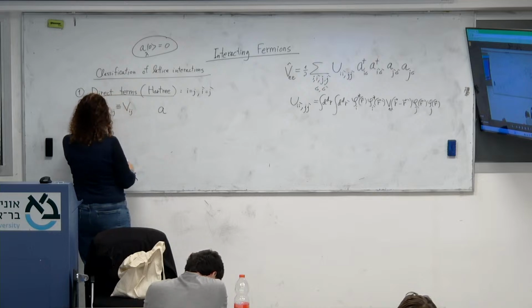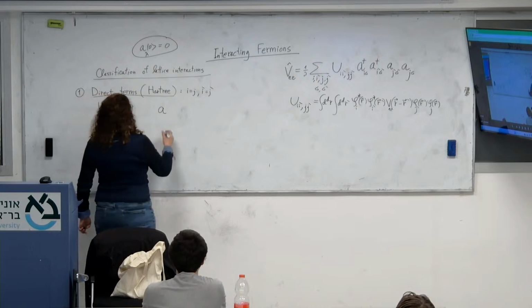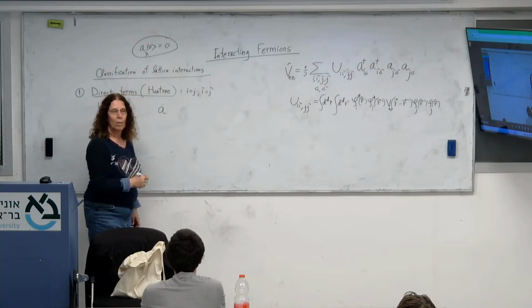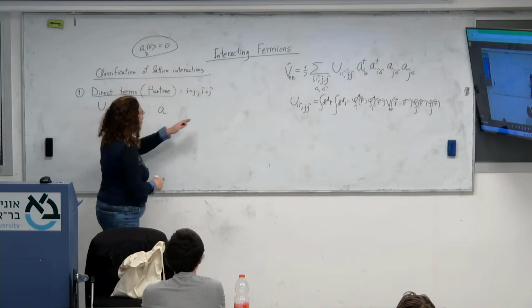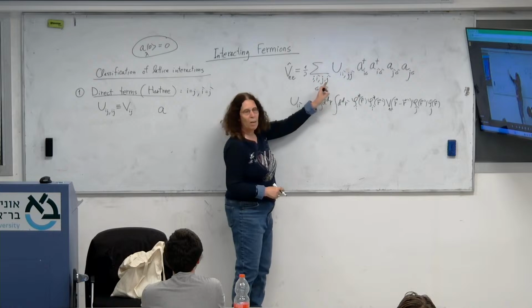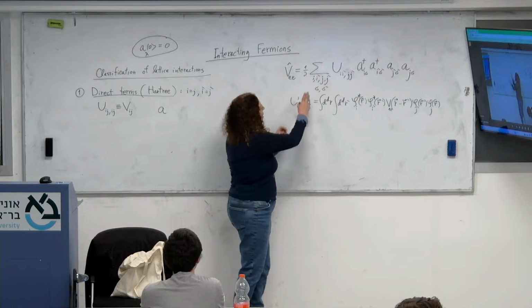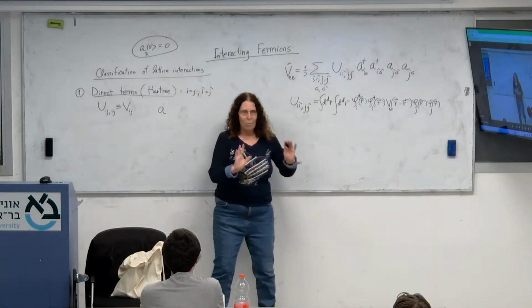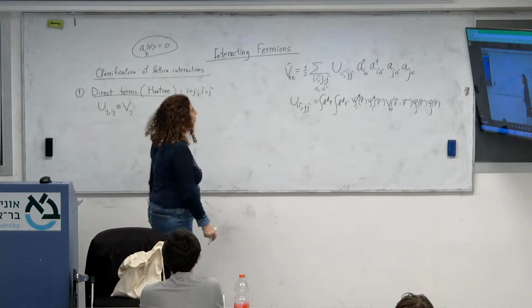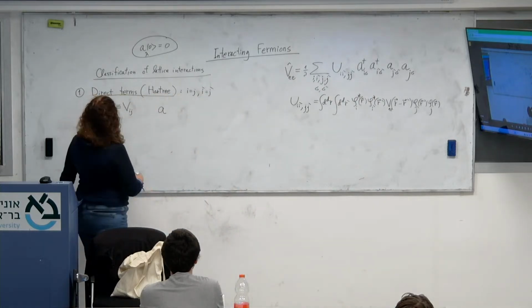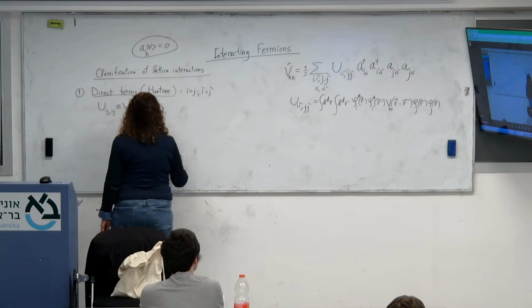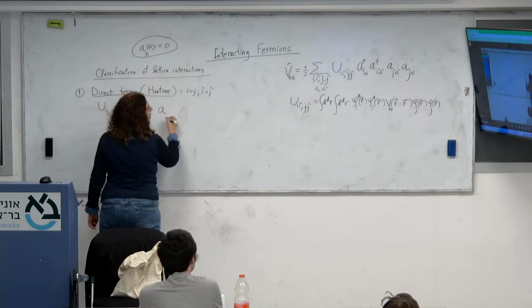So it's ij. Isn't it supposed to be like iijj? No, because of the way I defined it, there is some order. This is the convention we use throughout the whole course. Okay, so what is the process that it describes?